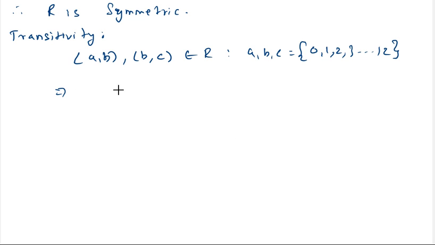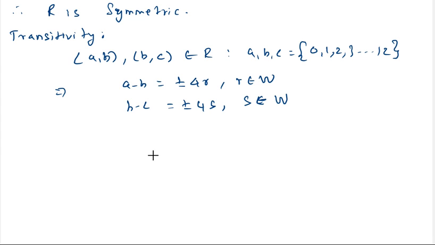Then this implies A minus B equals plus or minus 4R, where R is any whole number, 0 is accepted, and B minus C is also plus or minus 4S. Here S belongs to the set of whole numbers, another whole number.